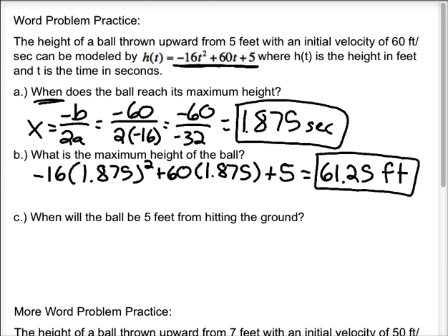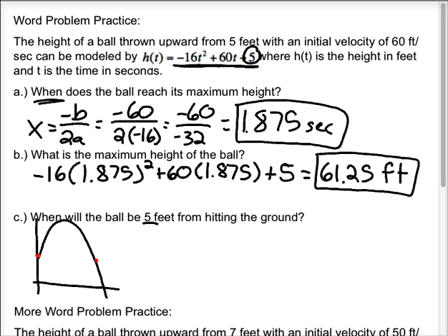So let's think here. When is the ball going to be 5 feet from hitting the ground? Well, if you think about it, it started 5 feet above, and we want to know, when is it going to hit that 5-foot mark again?